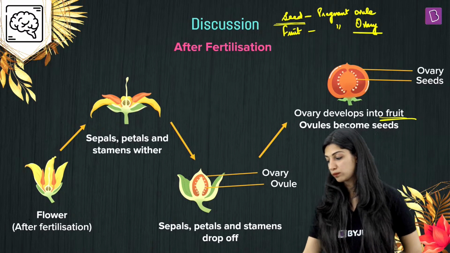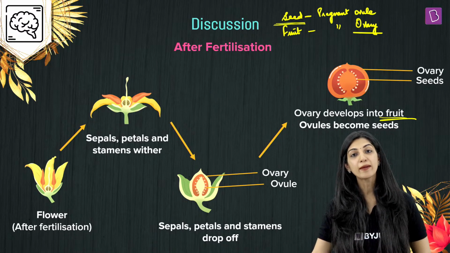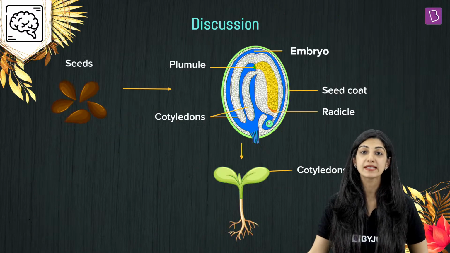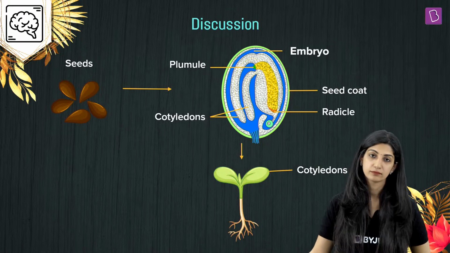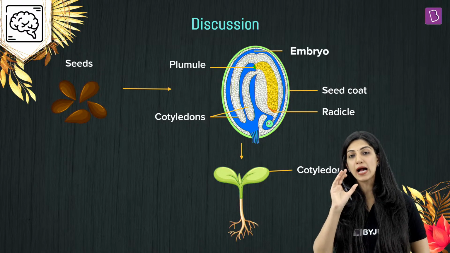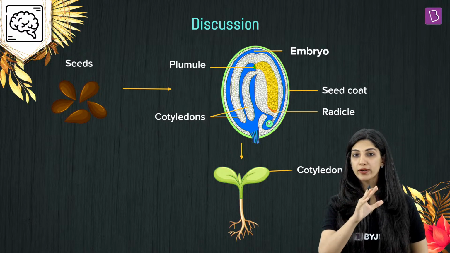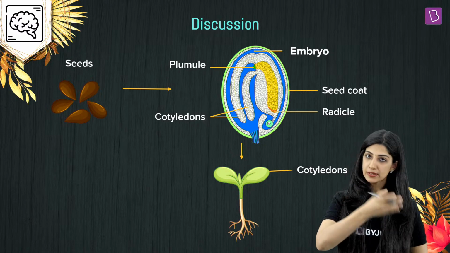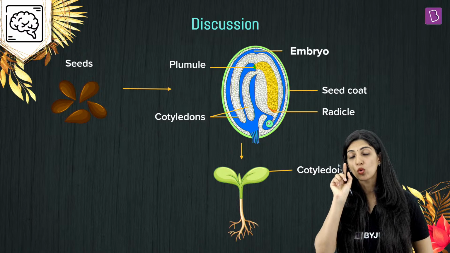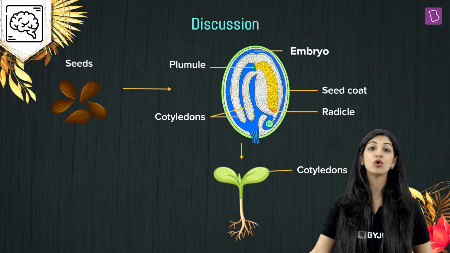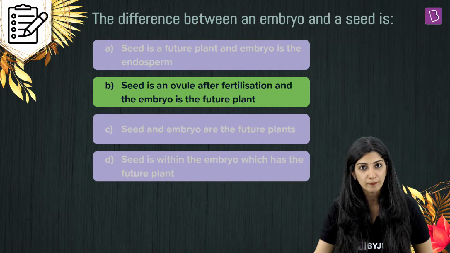Now, embryo will give rise to a new plant when the seed will germinate. The embryo has the ready plumule, radicle, 2 cotyledons or 1 cotyledon, whether it's a dicot or a monocot, but only when the seed will germinate, because it contains the embryo, the plant will form.